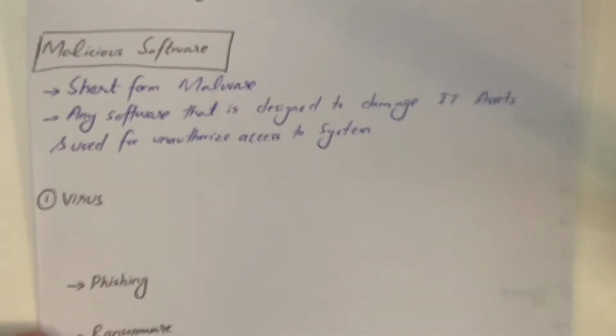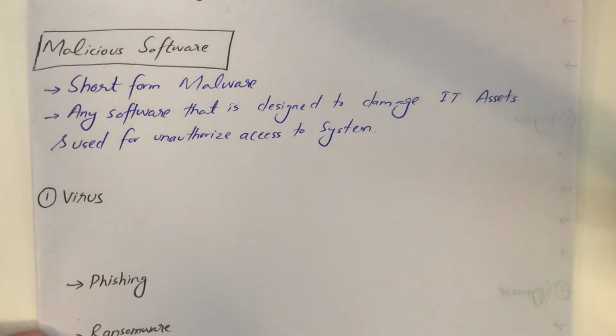For example, if we deliberately design a software to get unauthorized access to a system, that is a malicious software. To damage IT assets, that's again malicious software. So in simple words, any software which is designed to destroy, damage, gain or take control of assets is malicious software.